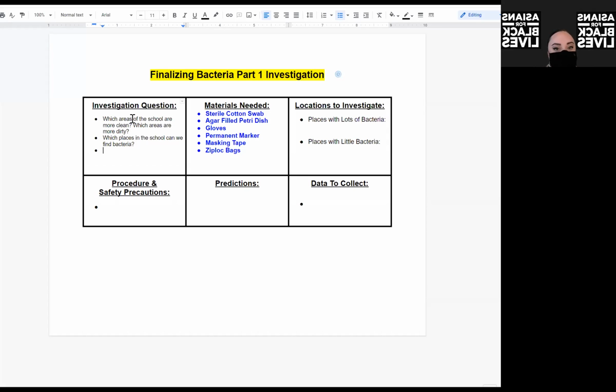All right, so which areas of the school are more clean? Which areas are more dirty? Which places in the school can we find bacteria?